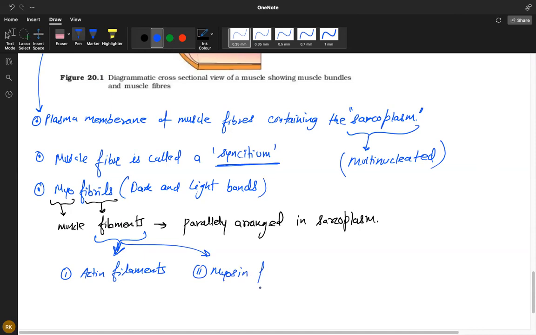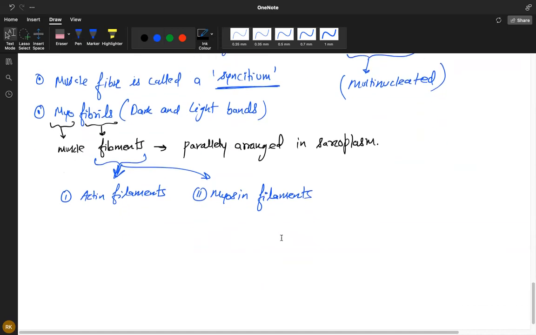These are two proteins present in muscles which make our muscles move. Actin and myosin. Is it clear, everyone?